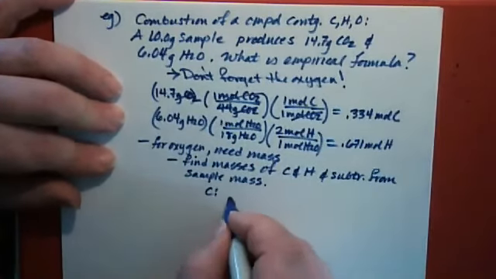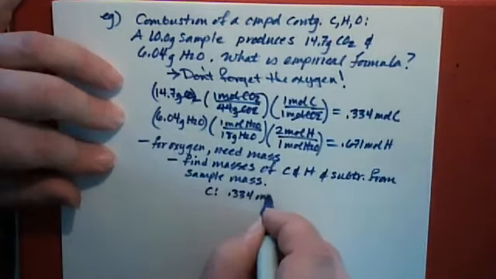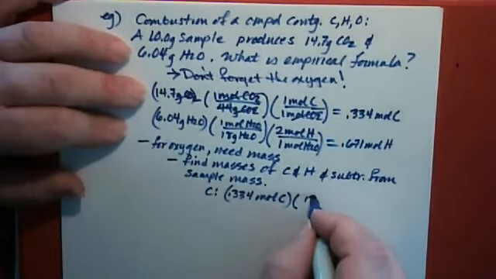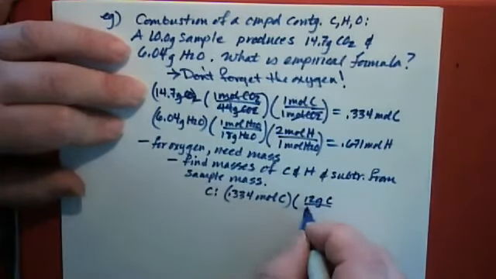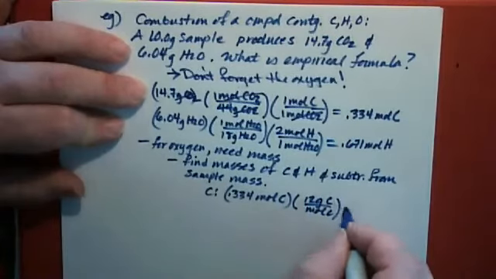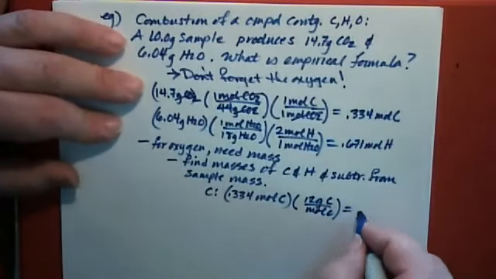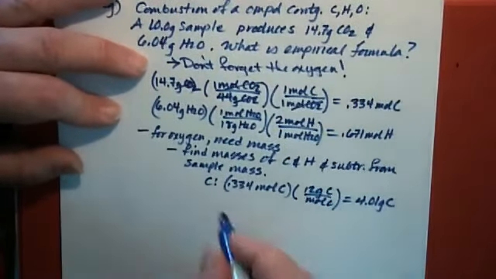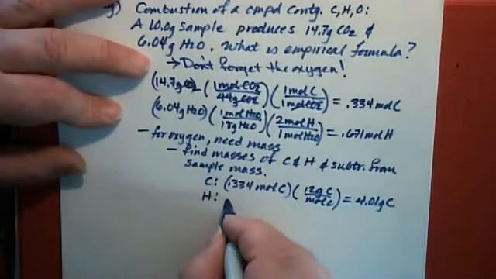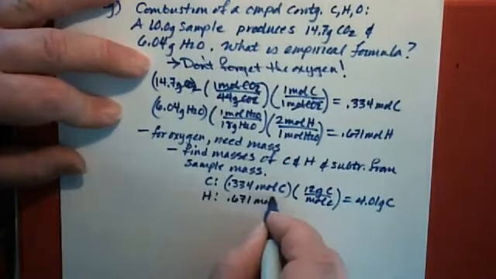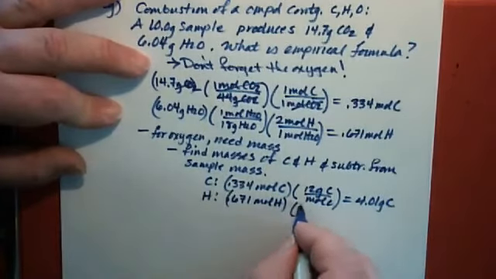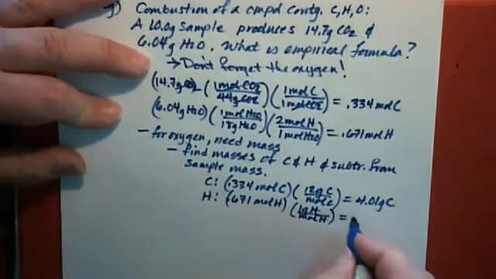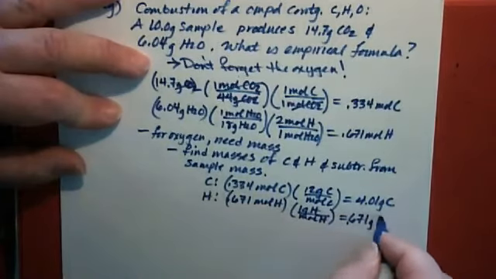Okay, so for carbon, we've got 0.334 moles of carbon at 12 grams per mole. And that means for carbon, we've got 4.01 grams of carbon present. For hydrogen, we've got 0.671 moles of hydrogen, and there's 1 gram of hydrogen per mole of hydrogen, and that's 0.671 grams of hydrogen.